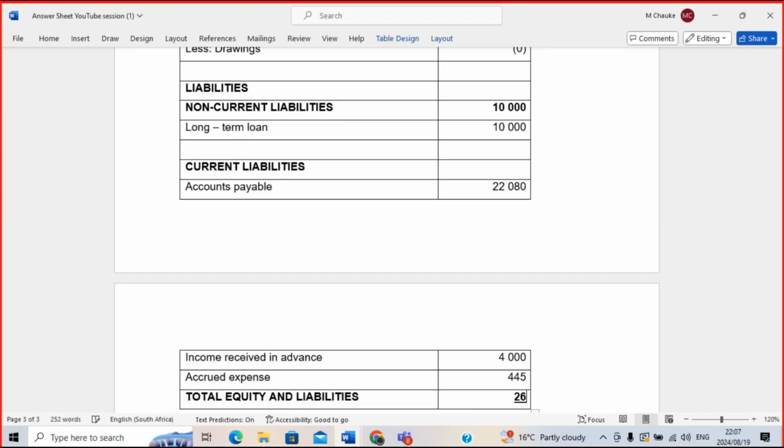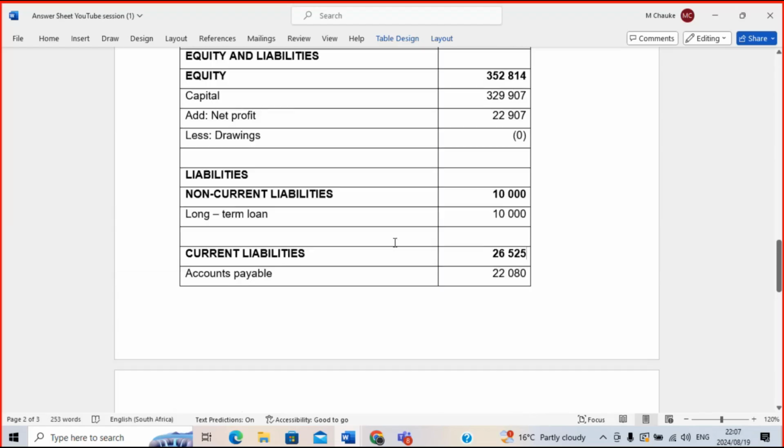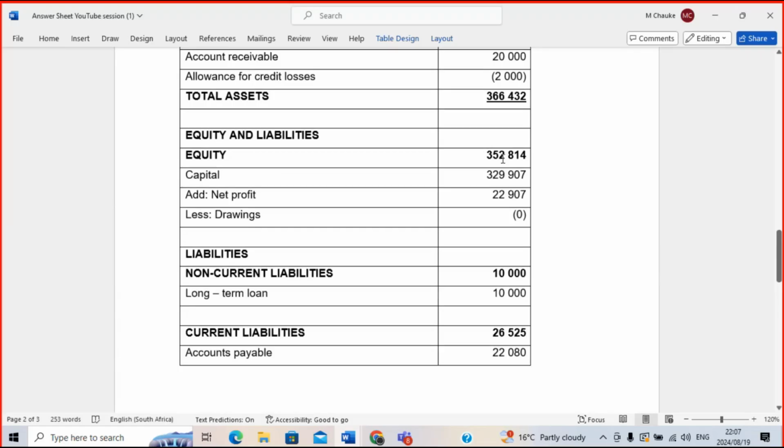Uh, 26,525. Yes, that's correct. And then now we are done, right? We just have to add everything. We're gonna say equity there plus non-current liabilities plus current liabilities.